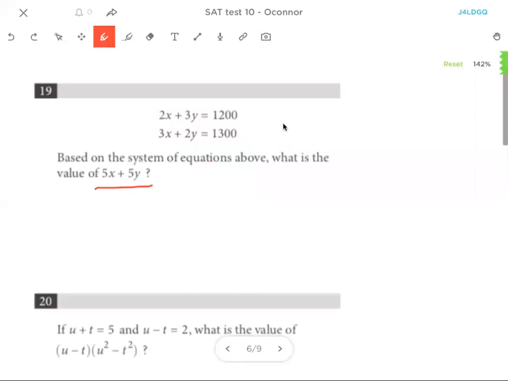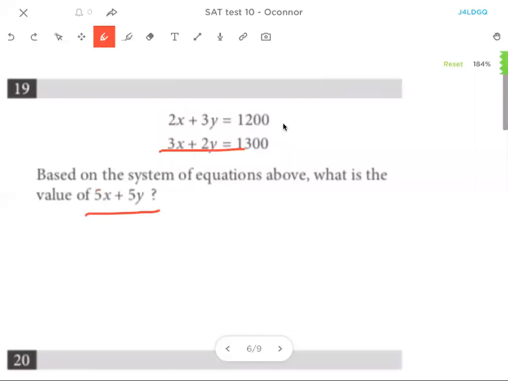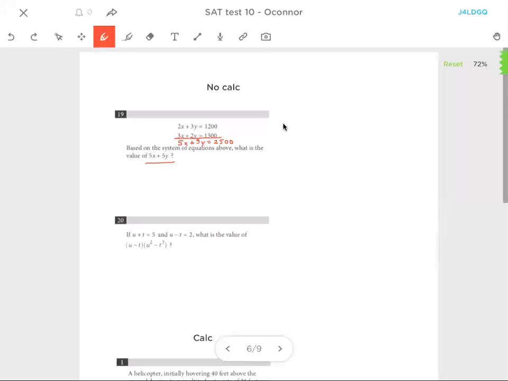Well, just looking at this, I can see if I add them down, I get 5x, 3x plus 2x, and 3y plus 2y would be 5y. So 5x plus 5y equals 2,500. That's my answer. 2,500 is my answer. I forgot my little grid over here, but we would want to grid that in.